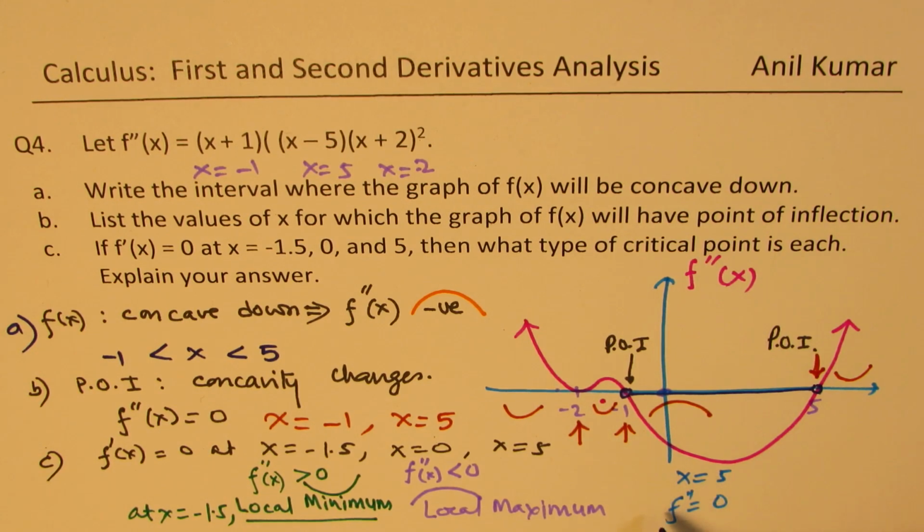So x equals 5 is basically a point of inflection, as we can see the concavity changes. So it's neither a maximum nor a minimum. Okay? So that is how you're going to answer this question. Perfect. So what we get from here is that we have a local minimum at x equals minus 1.5, a local maximum at x equals 0, and at x equals 5 we have a point of inflection.